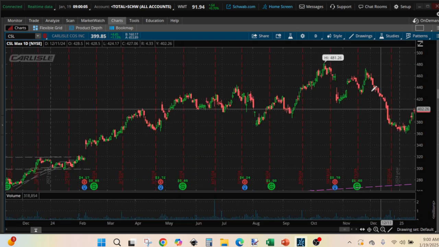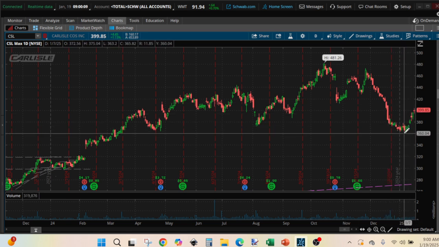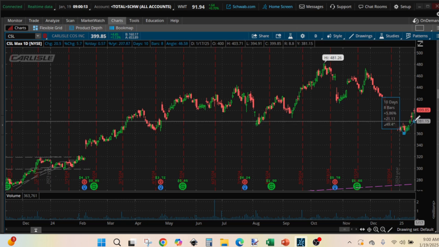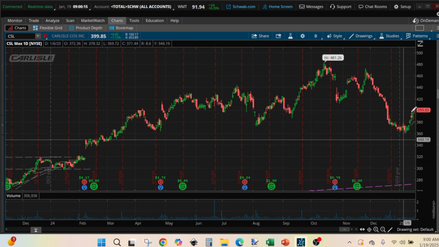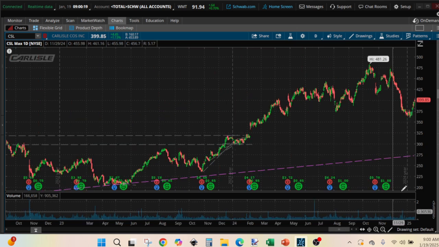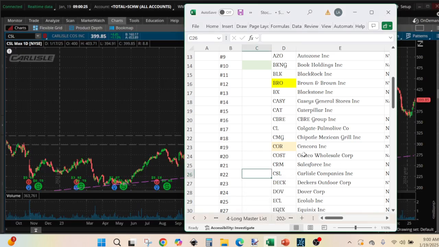It paused on the drop though. It paused and created higher lows here, an uptrend line here, but yeah, it's still far from where we like to buy. So we are just going to keep waiting on it at the valley of the mountain.